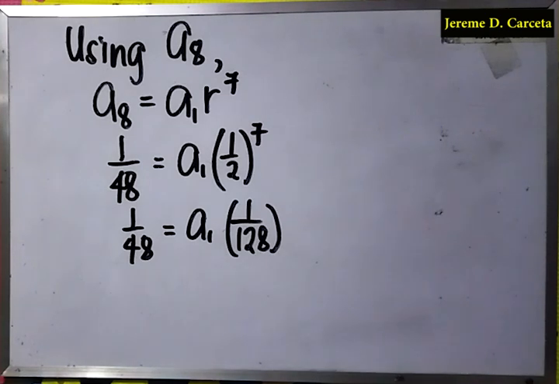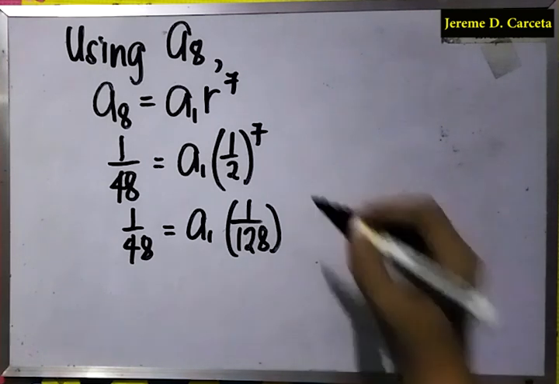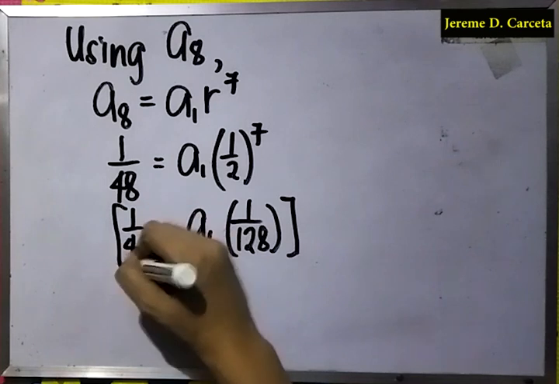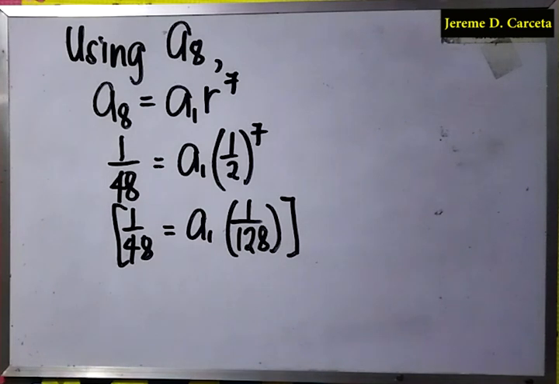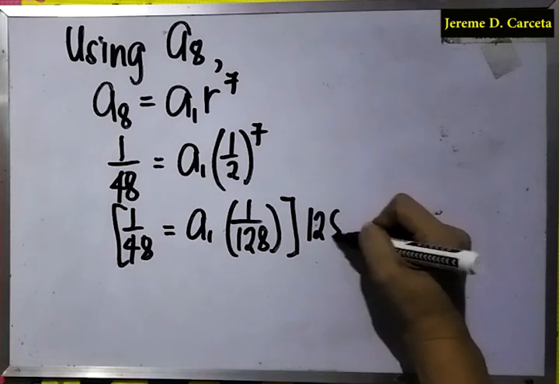And the same process as what we have done a while ago, we apply the multiplication property of equality, or MPE, to eliminate 1 over 128 beside a sub 1, because we need to look for the first term. So multiply it by the reciprocal of 1 over 128, and that is 128.